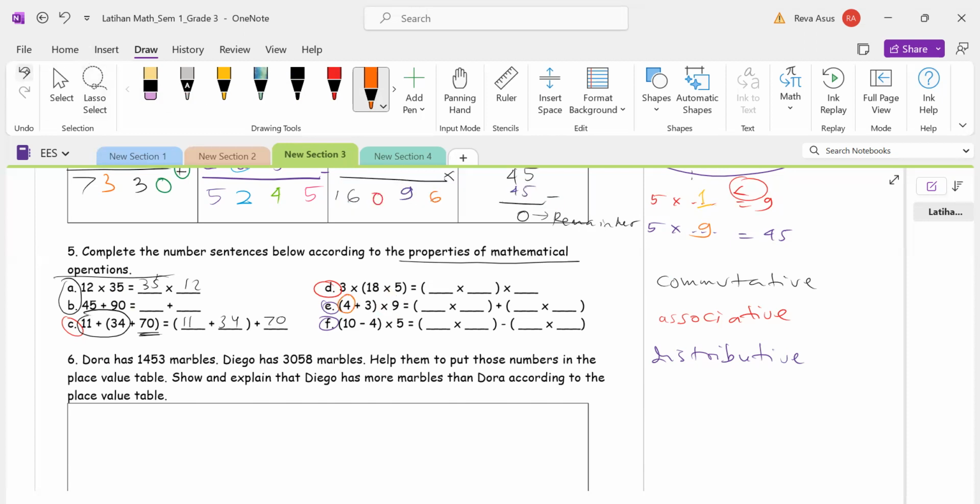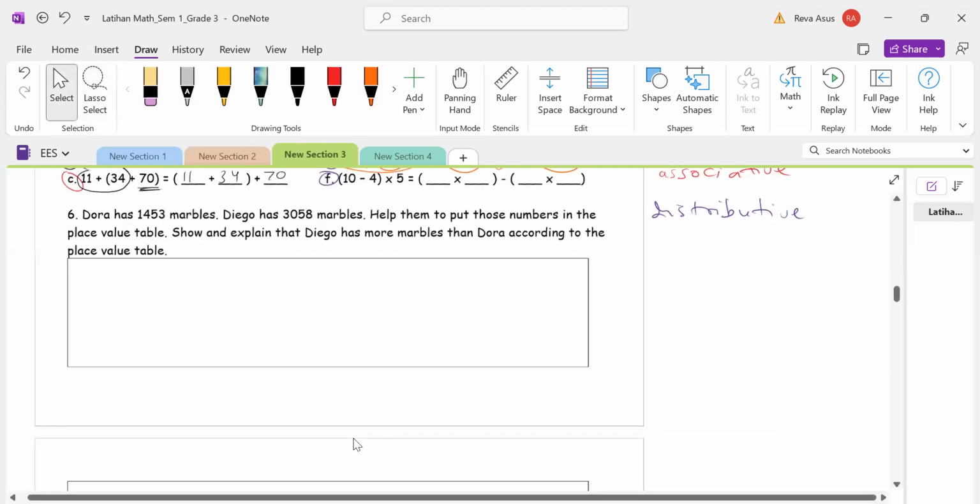Or as the fastest way, we can fill in the numbers like this. Because it is times 9, we will write times 9. Because it is plus, we put plus here. And then the last, we can put 4 here, 3 here. So 4 times 9 is 36, plus 3 times 9 is 27. It will give the same answer as this, which is 63.